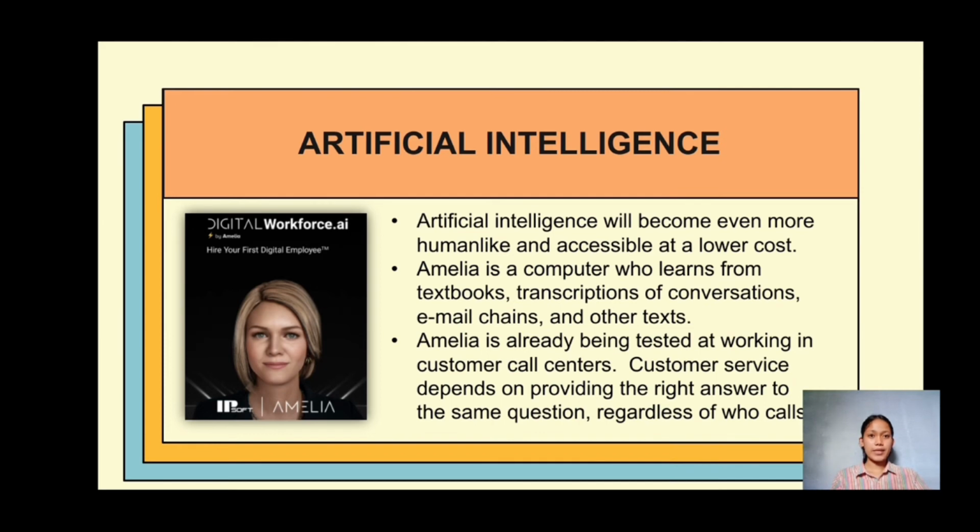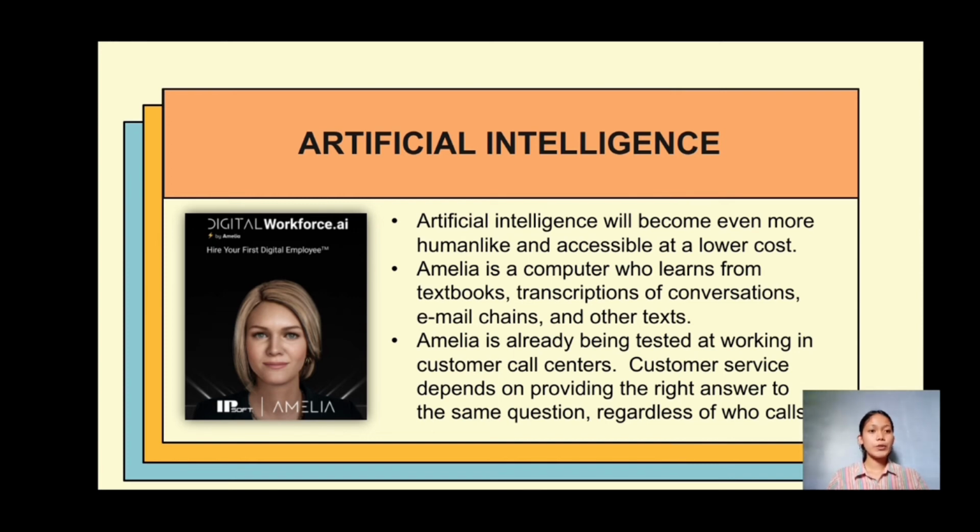The next term is artificial intelligence. Artificial intelligence will improve in human likeness and become more economical. The picture shown in the slide is an AI or artificial intelligence and her name is Amelia.